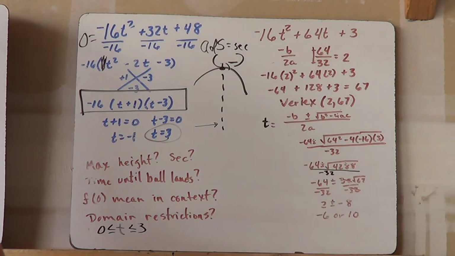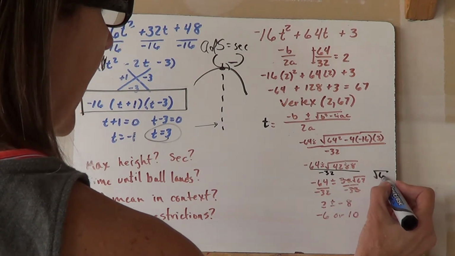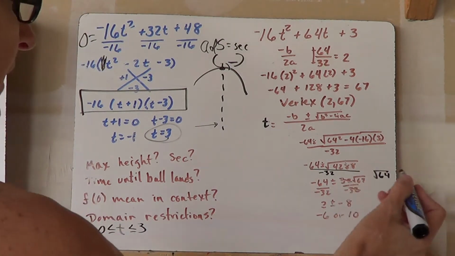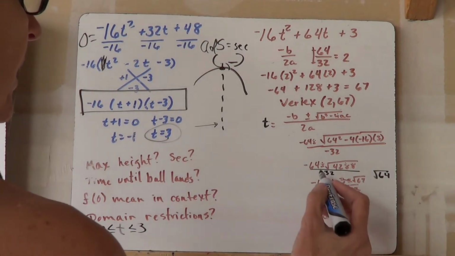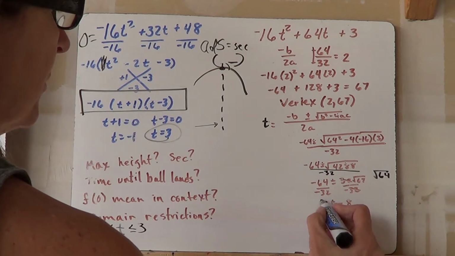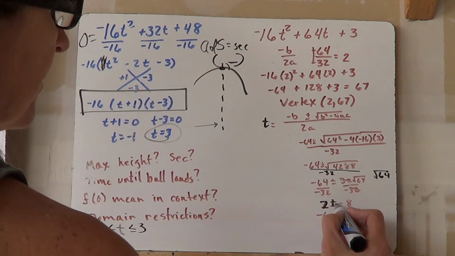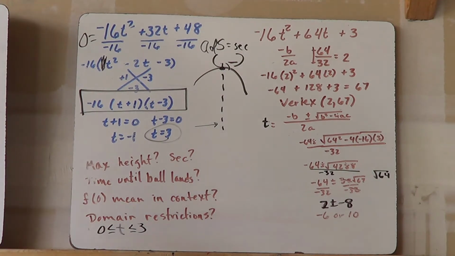So this is an approximate. It's not an exact answer, but radical 67 is very close to radical 64. Radical 64 is 8, so I rounded it to 8. Negative 64 over negative 32 is equal to 2. So I said 2 plus or minus 8 will give us an approximate of the seconds.